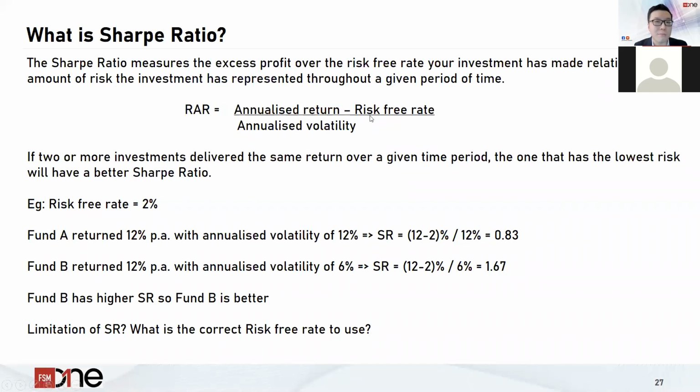So the difference is this minus part, but they both serve the same purpose, which is to compare funds within the same category. For example, in Asia equity, the fund manager that can produce the best risk-adjusted return should be better, right? Because they are producing more returns per unit of risk for investors.